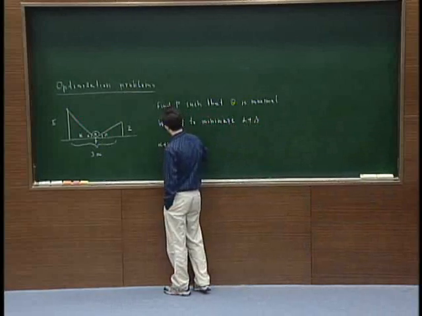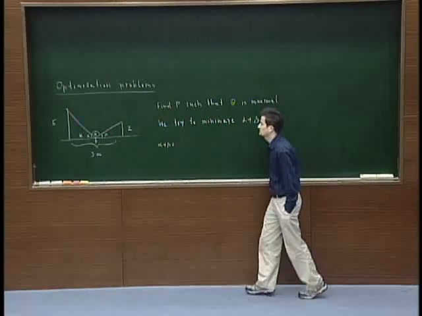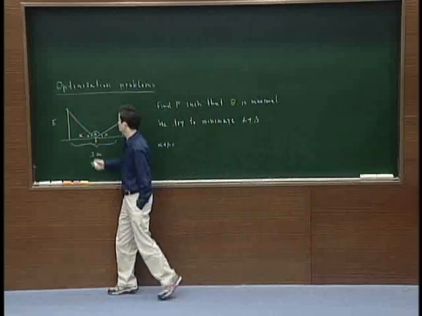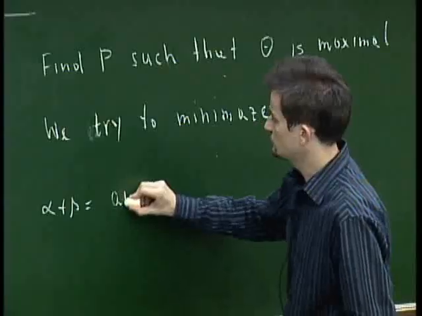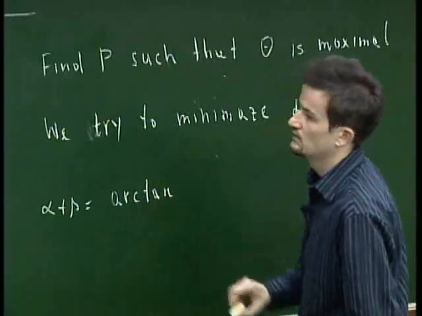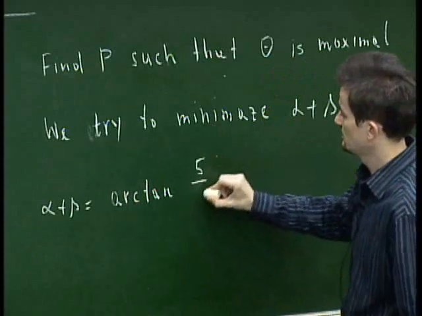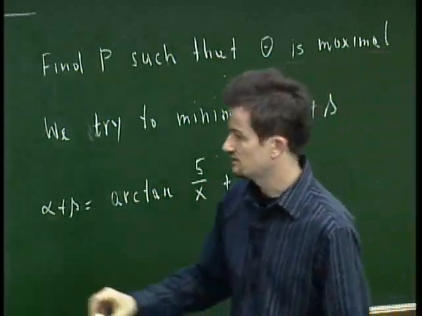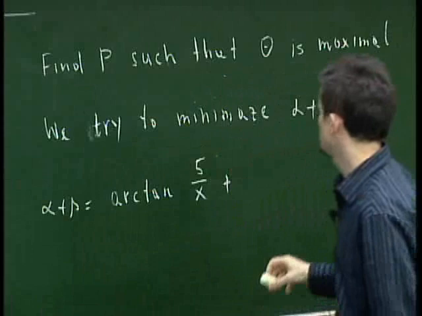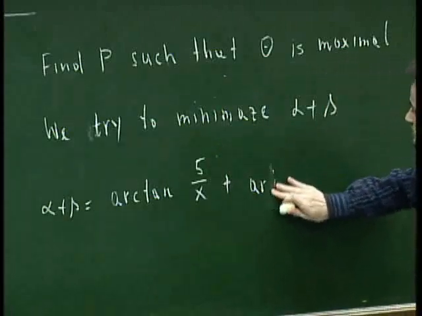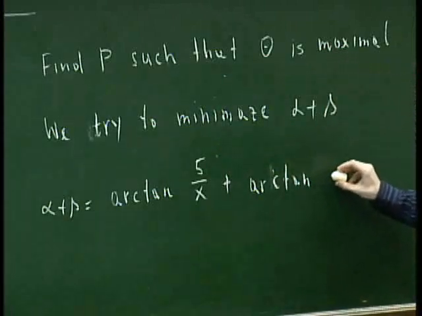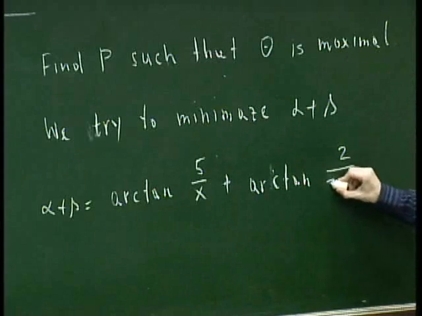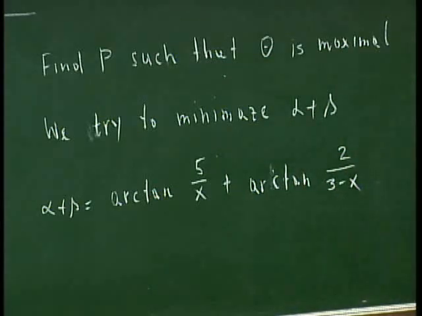Now, you see that alpha plus beta is easily expressed in terms of x, because alpha is equal to the arctangent of 5 over x, and beta is equal to the arctangent of 2 over 3 minus x.